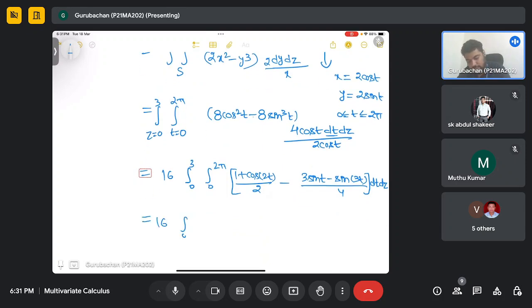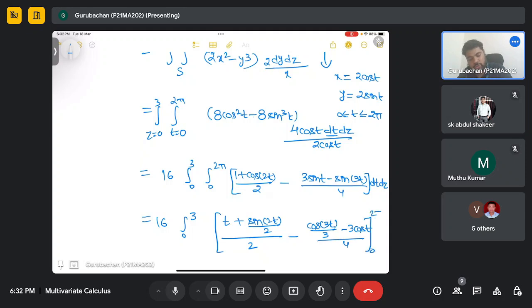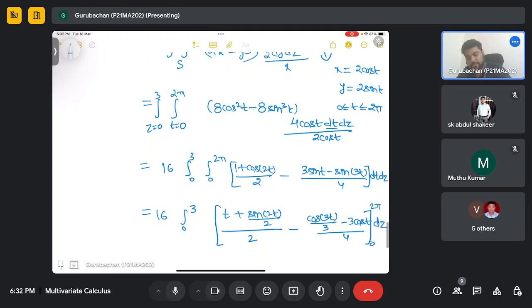So integrate this one. This will give us t plus sin 2t divided by 2, whole divided by 2, minus 3 with negative sign, so I am rewriting it as cos 3t divided by 3 with negative sign, minus 3 cos t, whole divided by 4, from 0 to 2 pi, and dz.